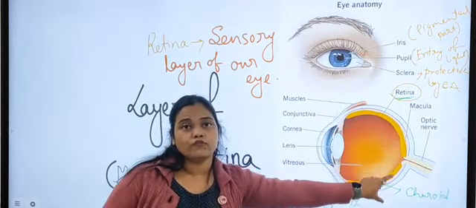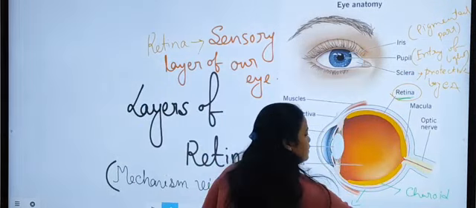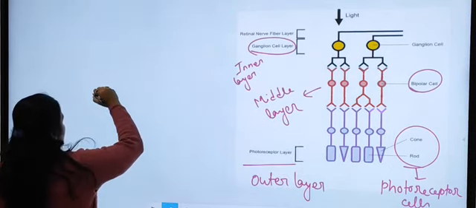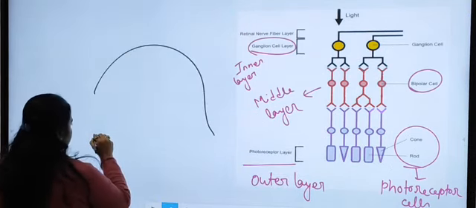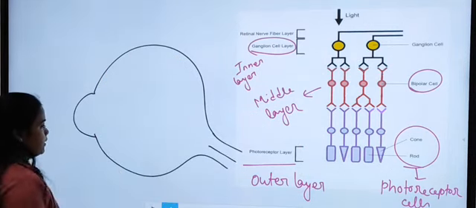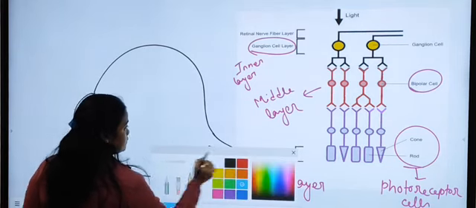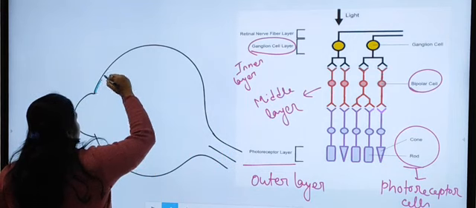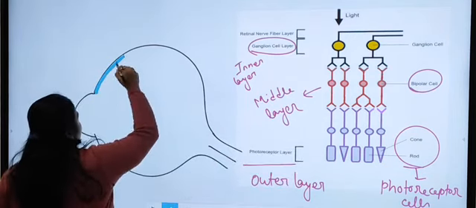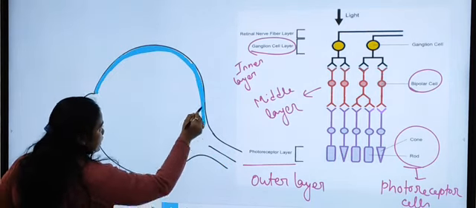This is the structure of our eyeball. We have seen the retina is here. Now, if I draw the eyeball here, it looks like the same. Here, this is the outer layer of the eye that is made up of fibrous connective tissue, and it is known as the sclera.